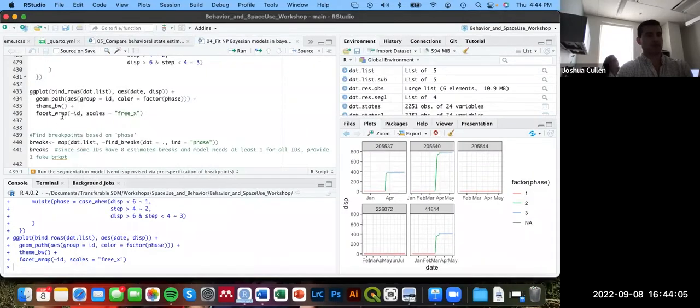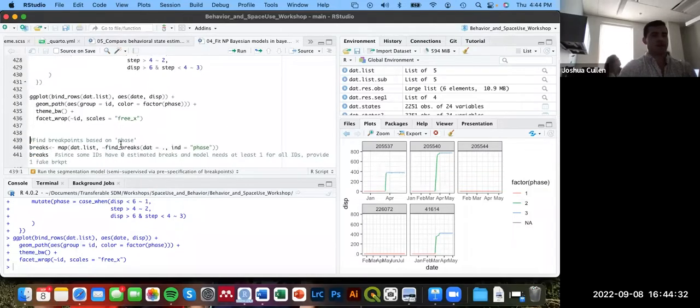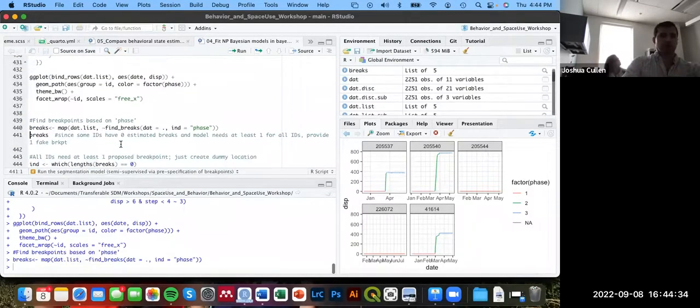So I'm going to use the map function from the purrr package with the find breaks function from the BayesMove package. We want to say, where are the breakpoints in relation to this phase column variable that we just created? Whenever the value changes from phase 1 to phase 2, when does that occur? That's what we're going to use as our pre-specified breakpoints.